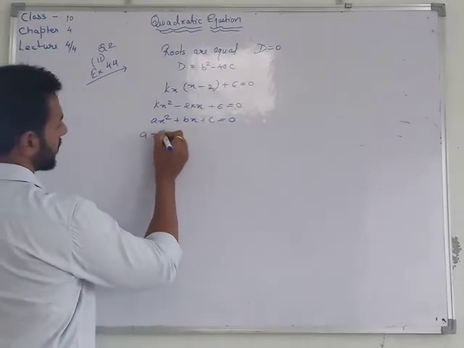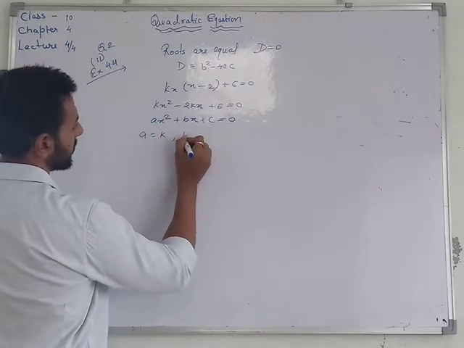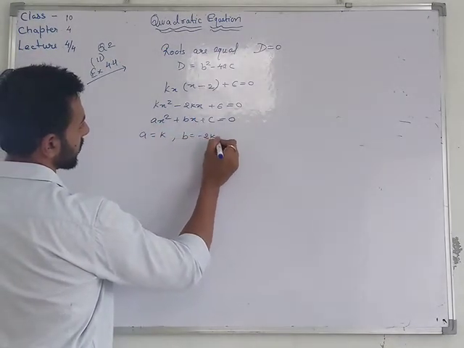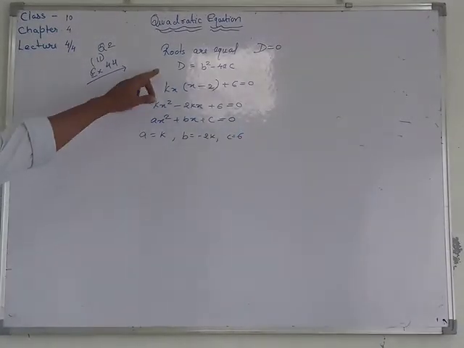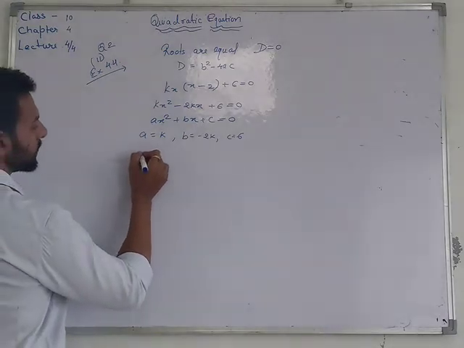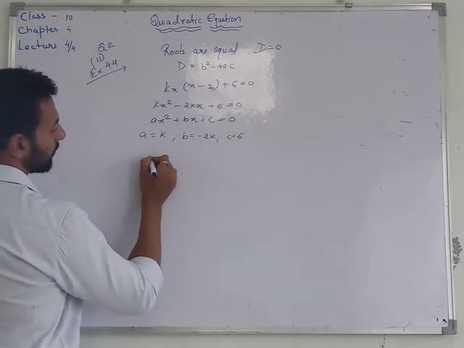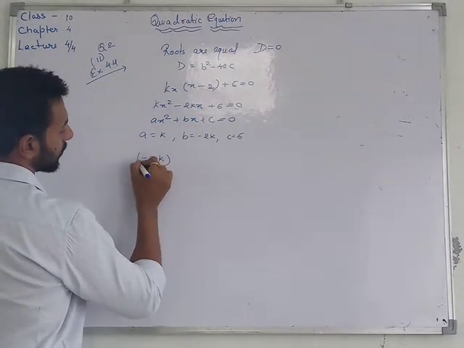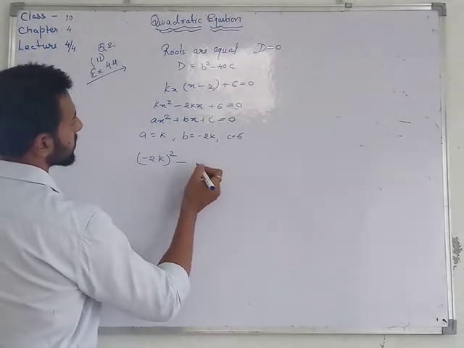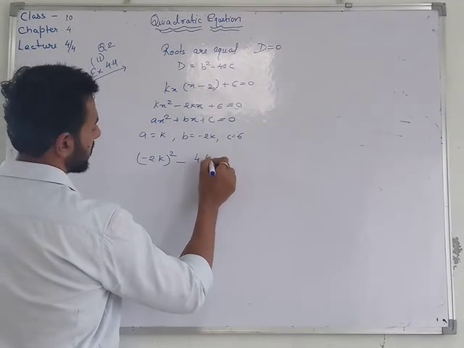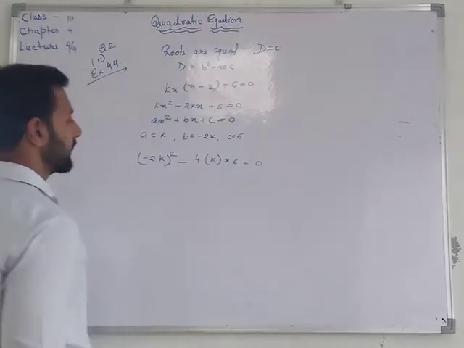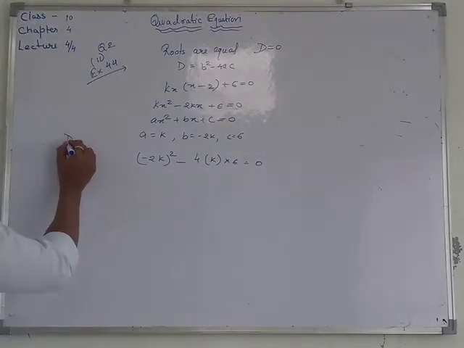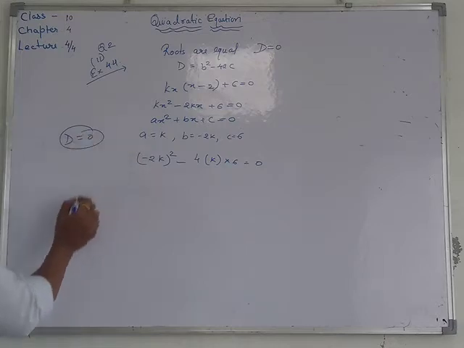Comparing the coefficients, a is equal to k, b is equal to minus 2k and c is equal to 6. Substituting the values in this, b square will be 2k whole square minus 4, a is k, c is 6 is equal to 0. Condition is given that d is equal to 0.